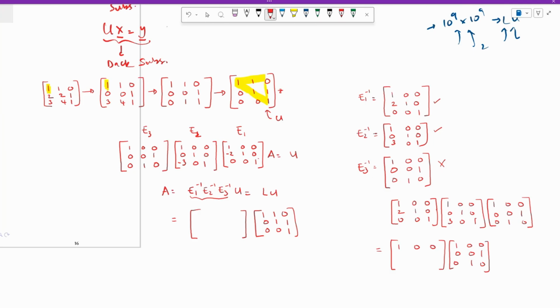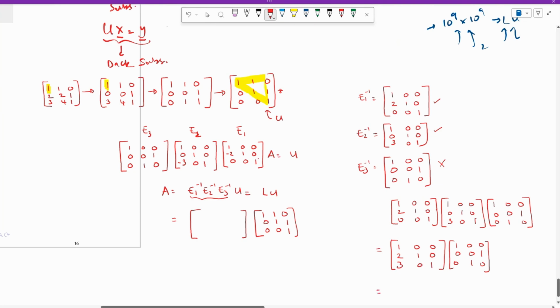Second row, 2, 1, 0. 3, 0, 1. The last row is kept as it is.